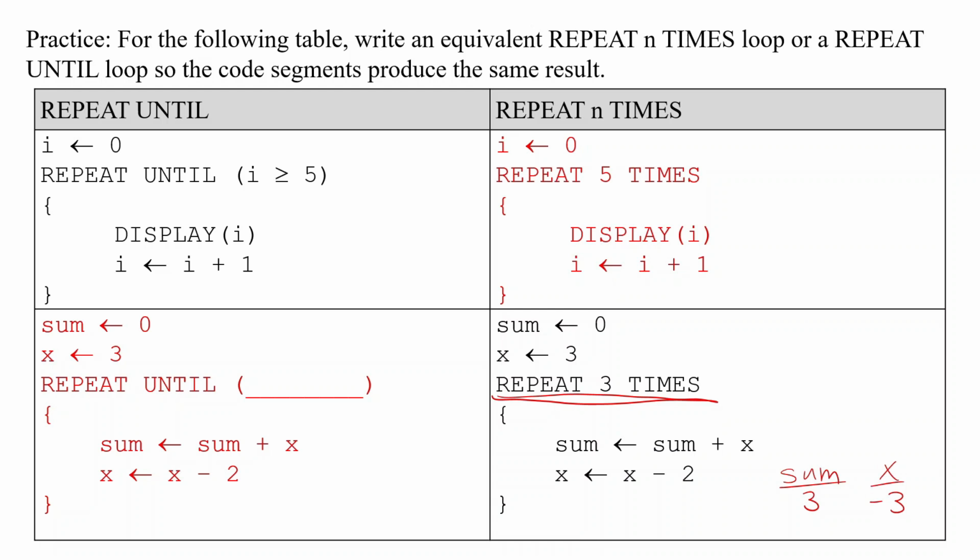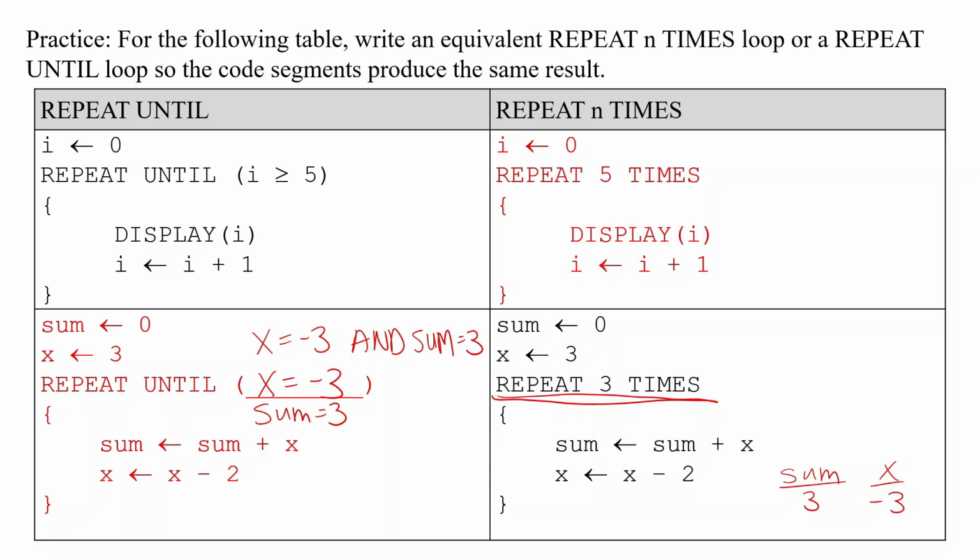Well, here's where you have some options. There's actually many answers you can put down. You can say repeat until x equals -3. Repeat until sum equals 3. You could be fancy, say repeat until x equals -3 and sum equals 3, right? When both of those are true. You can have many options here.